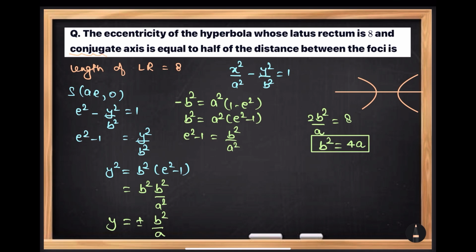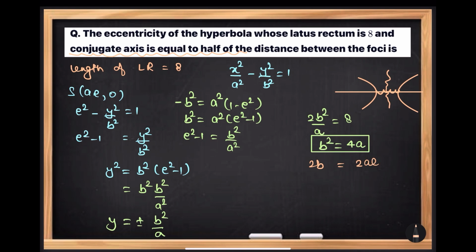And the conjugate axis, you know it is the transverse axis, and conjugate axis is equal to half of the distance between the foci. So conjugate axis will be this thing, that is 2b will be half of the distance between foci.